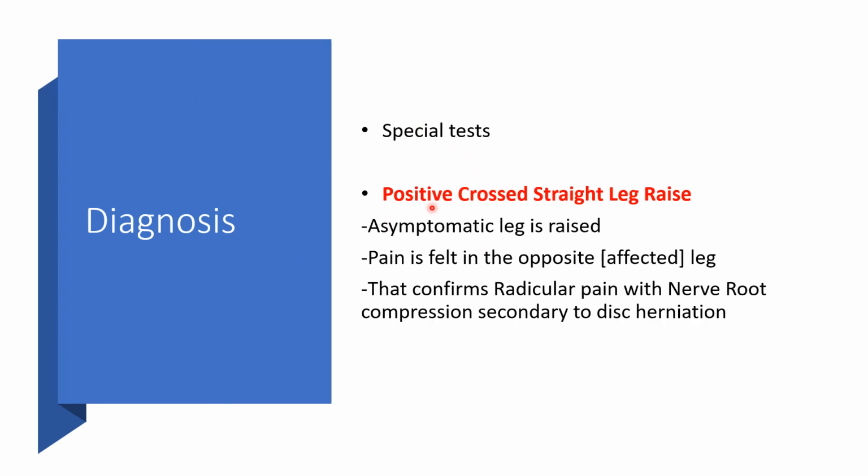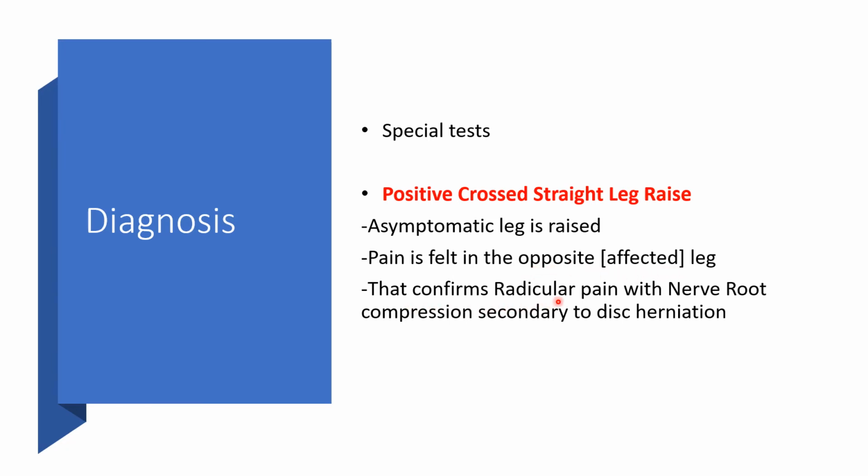Another special test will be positive cross straight leg raise. In this case, we are going to examine the leg that is not having pain. So that is the leg that will be raised. When it is raised, we expect pain to be felt at the opposite side, meaning at the affected leg.